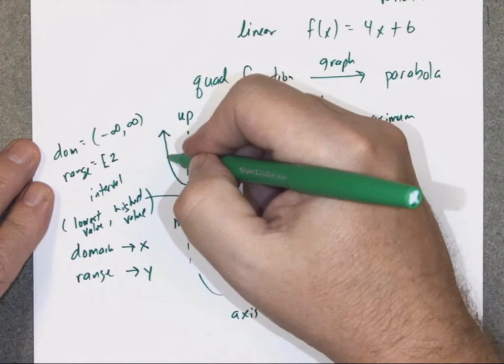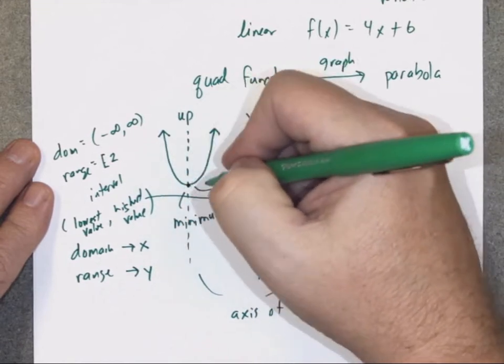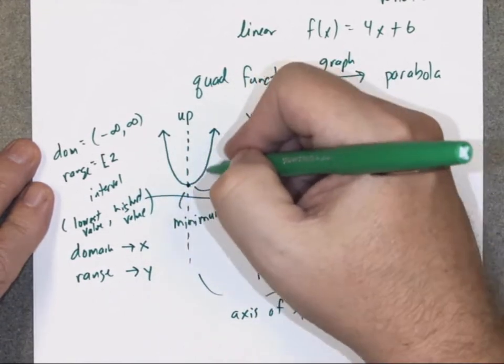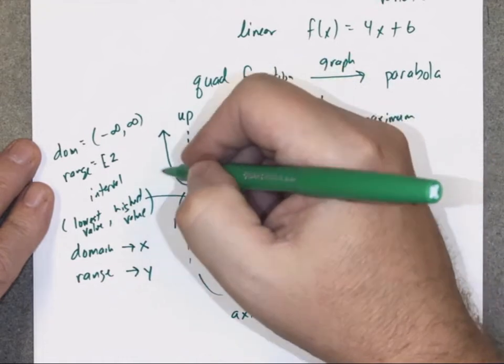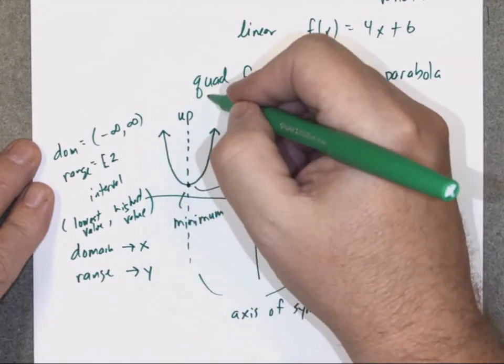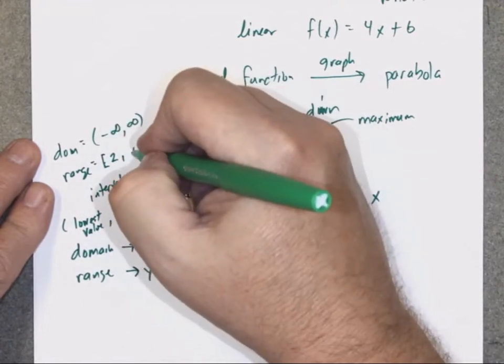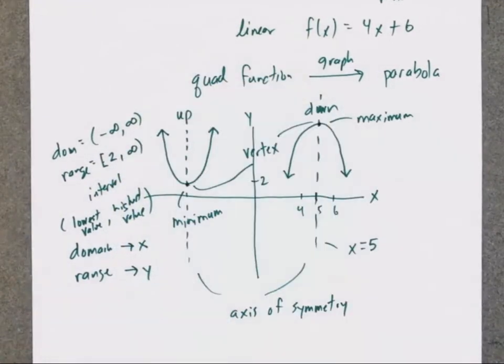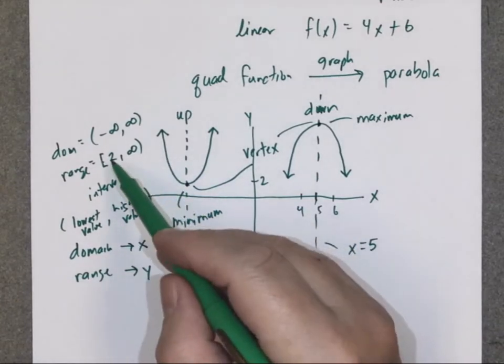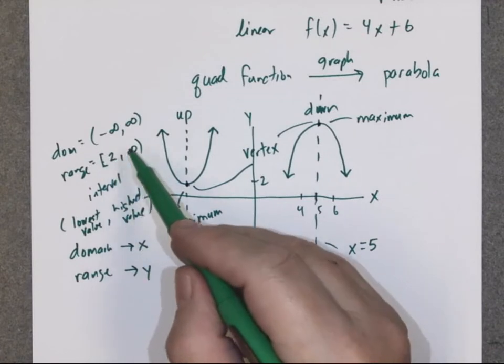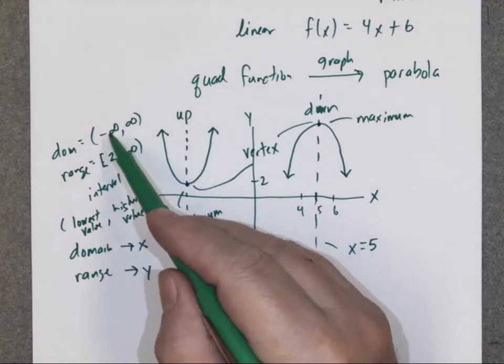So 2 is the smallest value, the smallest y value of this graph. Then how high does it go? What's the largest value of y of this graph? Once again, since it goes on forever, we would say infinity. So we would say that the range is from 2, including 2, to infinity, and the domain is negative infinity to infinity.